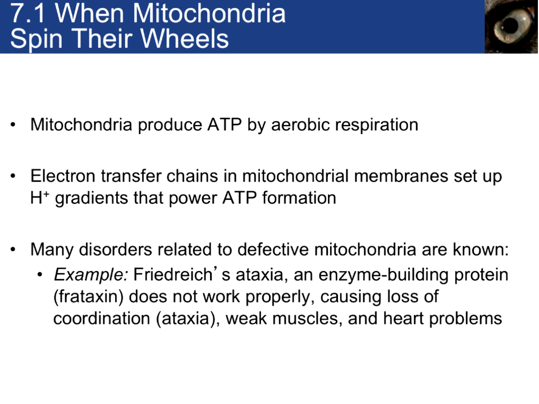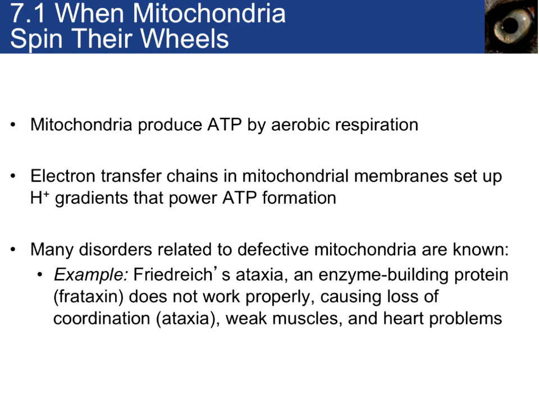So mitochondria produce ATP by aerobic respiration. So electron transfer chains in mitochondrial membranes set up hydrogen ion gradients that power ATP formation, similar to what we saw in the light-dependent reactions of photosynthesis. So many disorders related to defective mitochondria are known, including Friedreich's ataxia, in which an enzyme-building protein does not work properly, and therefore enzymes in the mitochondria aren't fully functioning because of this.